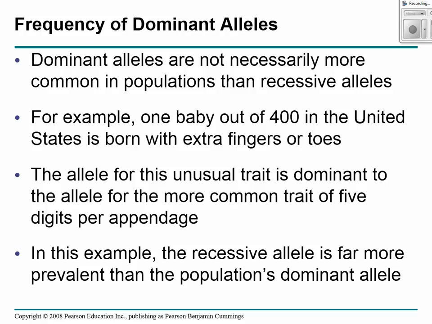Yep, they just correct it right then and there. Sometimes they don't, depending on what the parents want. They'll fix fingers more commonly than toes. Some people don't; it's a decision. The allele for this unusual trait is dominant, but the recessive allele is far more prevalent in the population than the dominant allele.